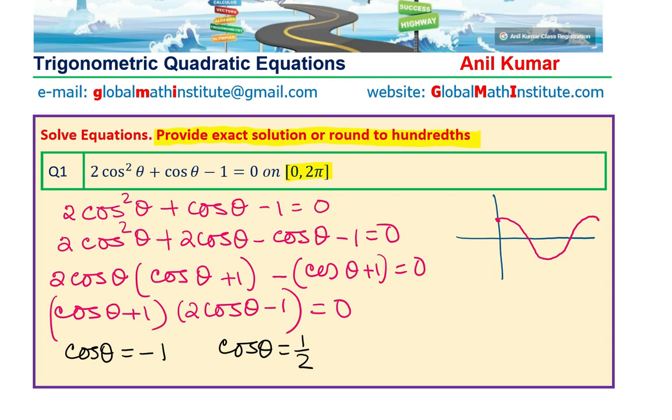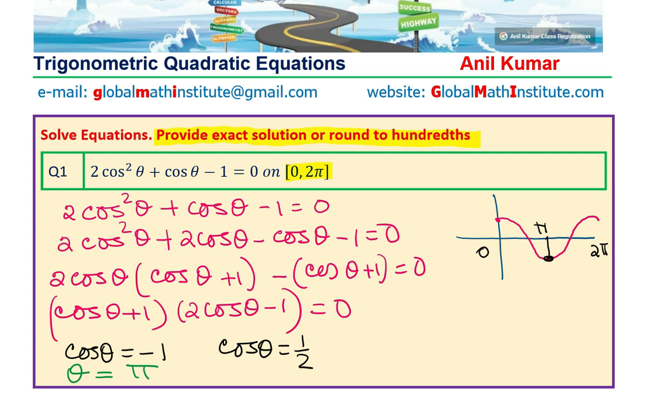When we are looking at minus 1, there is only one solution. From 0 to 2 pi, the solution is pi, and that is for minus 1. So we write theta equals pi.